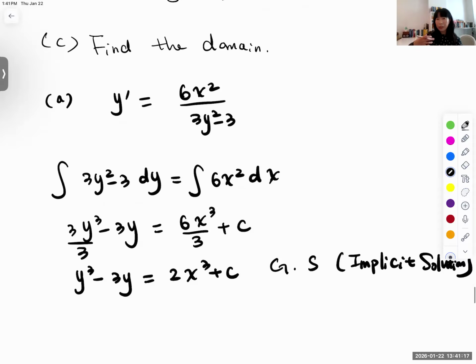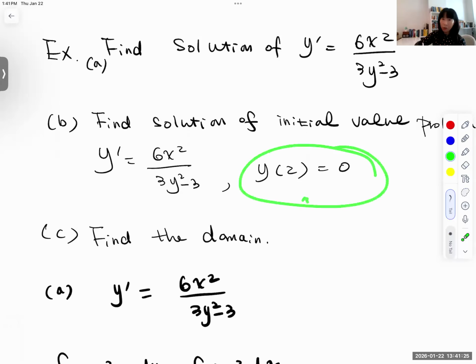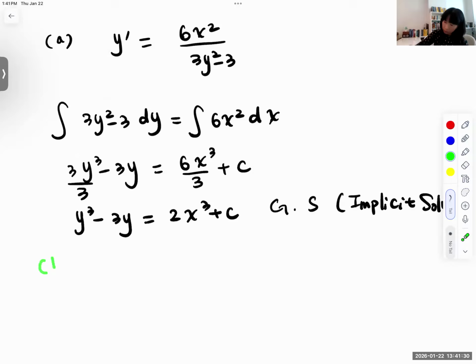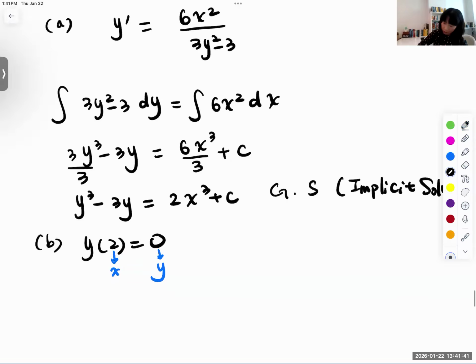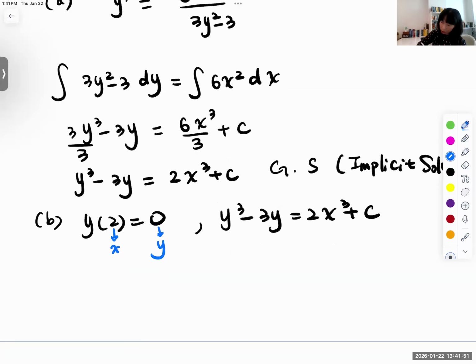Okay, now we need to find such a C particular solution, right? So second part, the initial value y of 2 equal to 0. So this is x, this is y, right? So we have y to the third power negative 3y equal to 2x to the third power plus c. So that will be x equal to 2, y equal to 0.